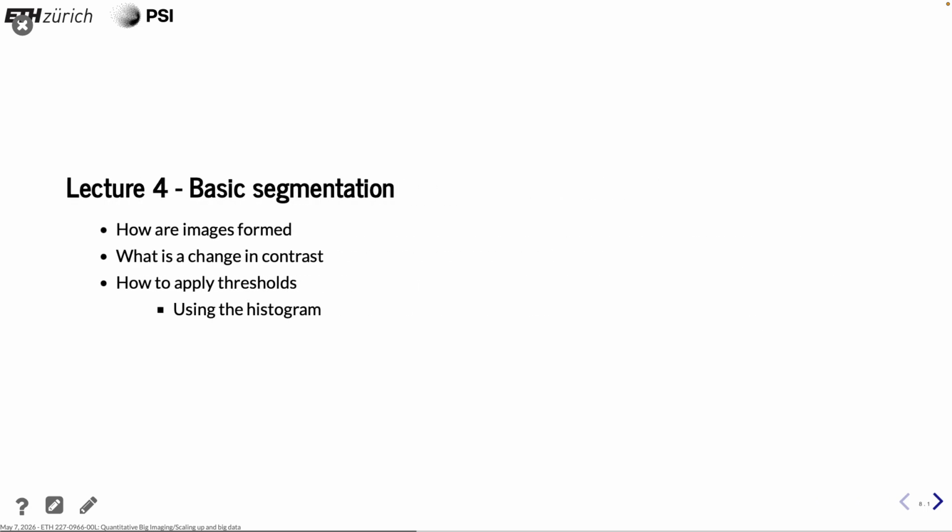Lecture 4 was about the basic segmentation. It started out with how images are formed, the whole creation process, and what a change in contrast means, in particular for radiography, and how to apply thresholds, mainly using the histogram.